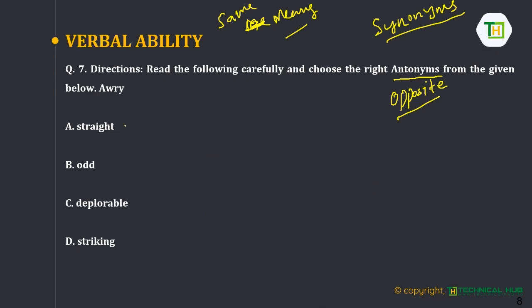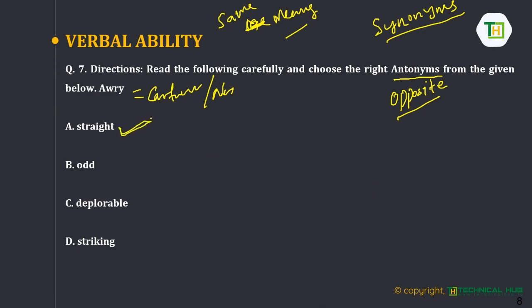Let's see Auri. What is the meaning of Auri? Just tell me. Auri means not clear. That means a bit confusing, or not clear, like that it comes. And the opposite of Auri is straight.